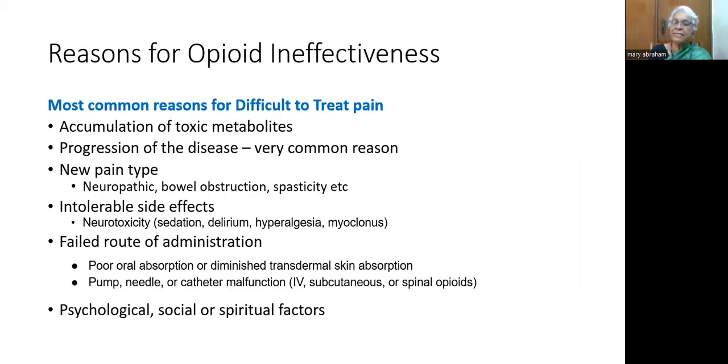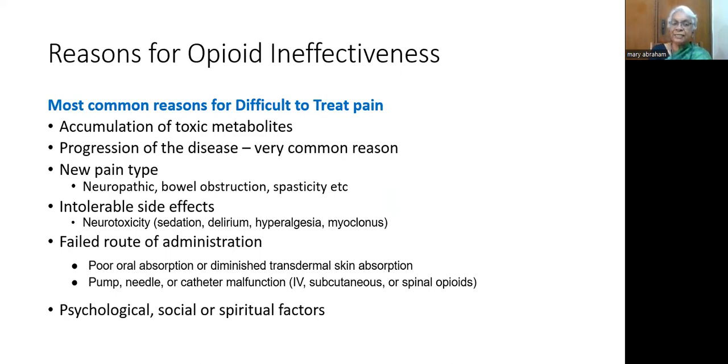So what are the reasons for opioid ineffectiveness? The most common reason for difficult to treat pain is accumulation of toxic metabolites. I will talk about it in the next slide. Then, whether the disease has progressed, that is a very common cause for non-responsive pain. Or is there a new pain type?